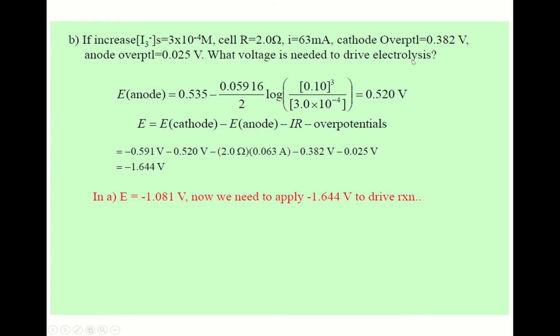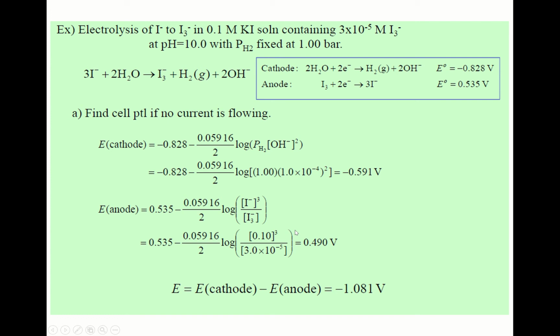In this example, concentration polarization is not considered. Okay, but actually you have to consider the concentration polarization effect. Okay, anyway, with these conditions, let's calculate. So the anode potential, let me see, for the cathode potential, nothing will change.